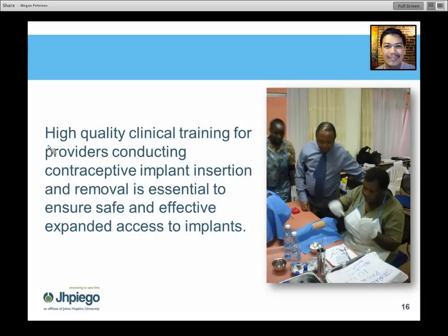So when you talk about high-quality clinical training for providers, it's essential that we ensure safe and effective access to implants as the core principle of our clinical training.